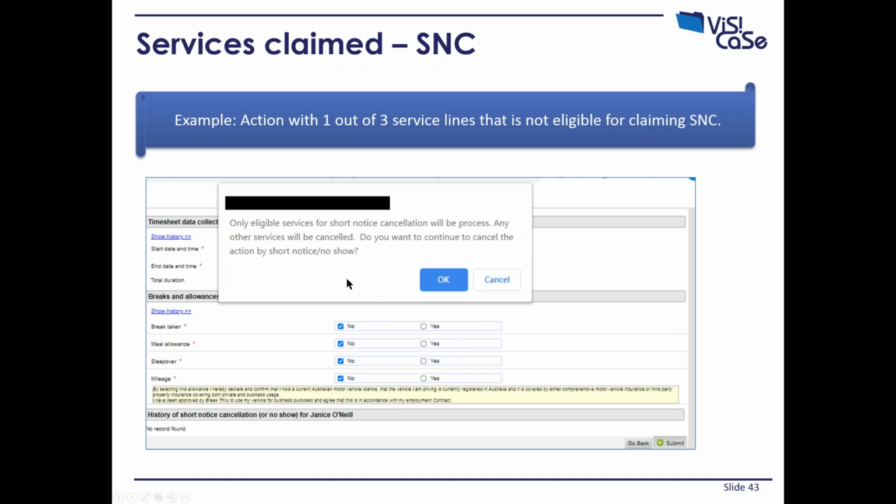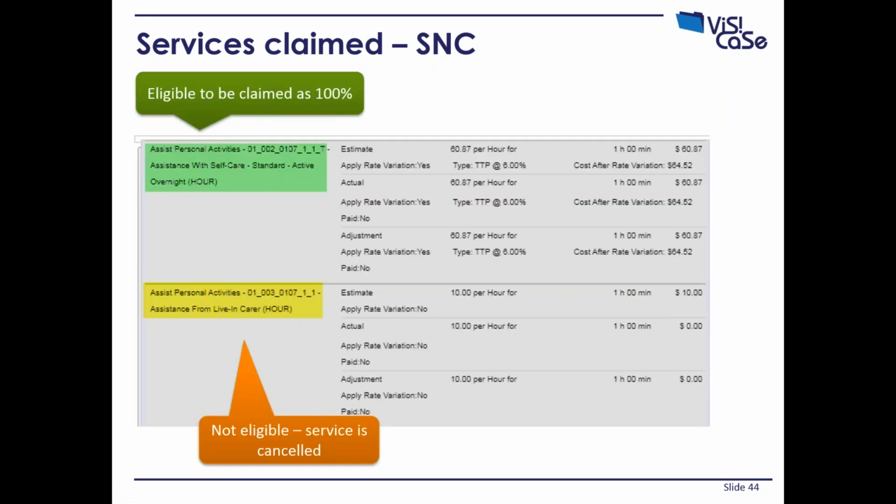So now coming to the short notice cancellation. Once you cancel any action via short notice cancellation, the system will show a pop-up saying only the eligible services for the short notice cancellation will be processed. So if there are, for example, 3 service line items in one action, for example, let's say 2, there's one and another one is second.